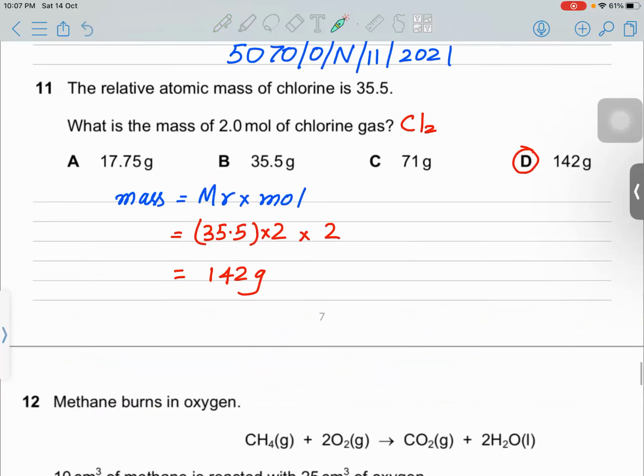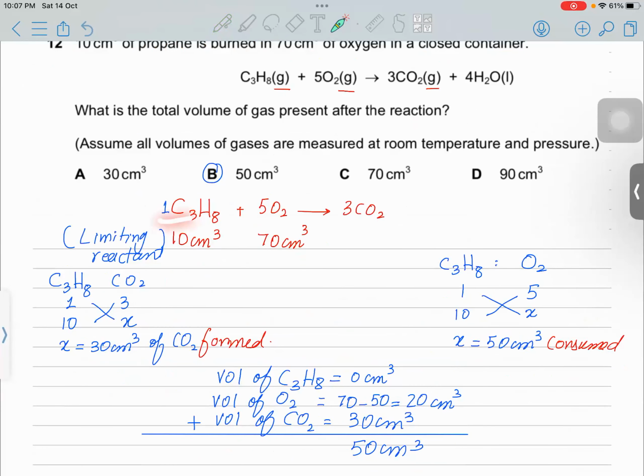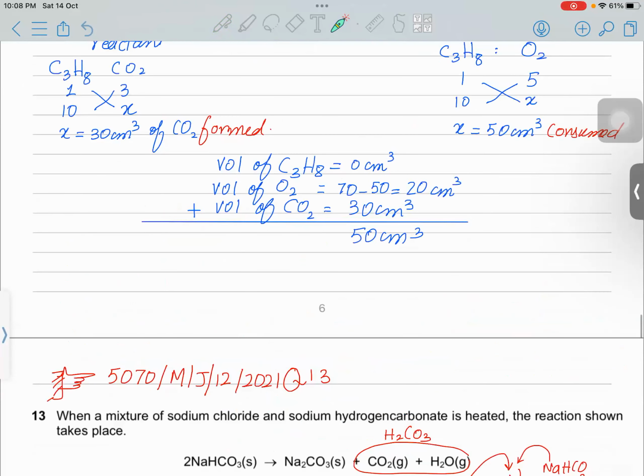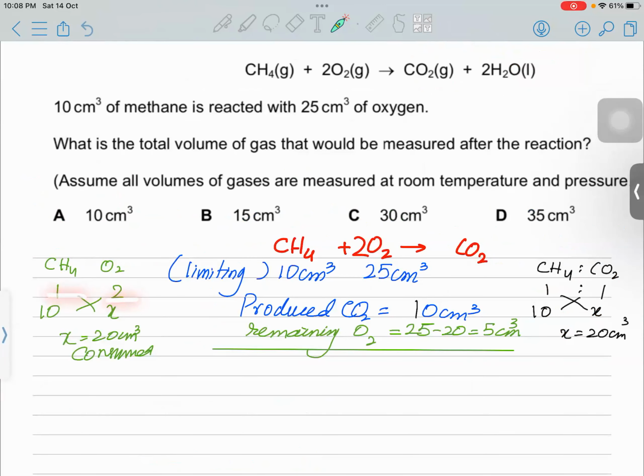It is the same question. Here we also use the ratio, you can see that here we have the same ratio, but here we have 1:2. Are you getting my point? Yes, sir. So the total volume is 15 cm cube.